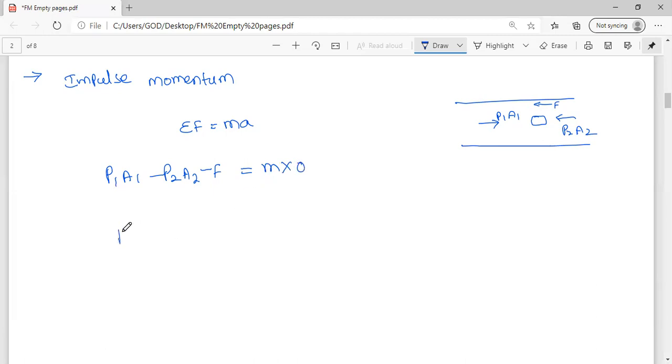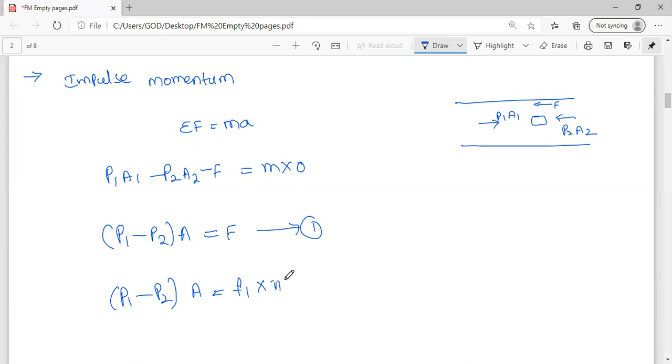So I can write here P1 minus P2 into A, because areas are same, is equals to F. Let's consider this as the first equation. Now this force I can write as frictional force F1 into area, that is pi dl into V square. So you can consider this as the second equation.